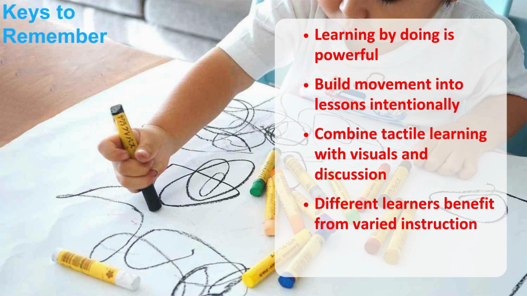Build movement into lessons intentionally. Again, we're not just doing random movement for the sake of it. We want to make sure that the movement that we're incorporating aligns to whatever concept or skill we're trying to teach. Combine tactile learning with visuals and discussions, as we talked about, and different learners benefit from varied instruction.